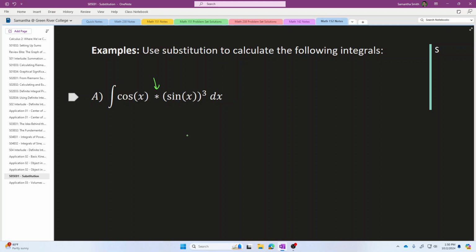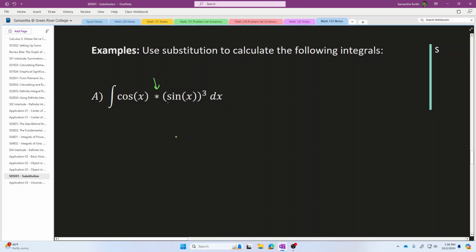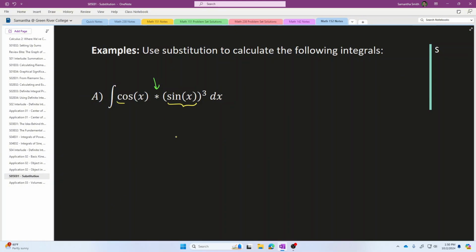The second cue is that this product involves a function and a copy of that function's derivative. In this case, the function in question is sine of x, and the derivative of that function is cosine of x. So because I have both sine and cosine present in this product, that's a big sign that method of substitution would be used here.